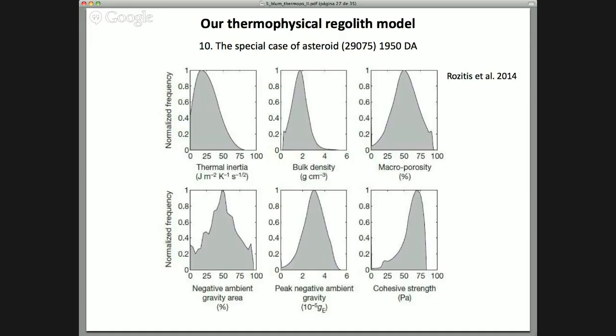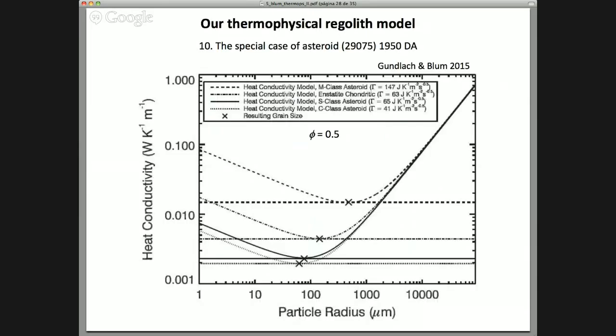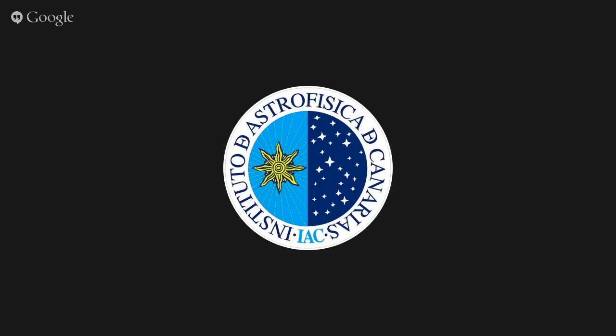Of the range of thermal inertia given, only 2 are allowed. So we're talking about grains on the order of 100 microns. And now for only S class, as a function of the porosity again, so filling factor, sorry, I forgot to write down which is which, but it doesn't matter. You have seen it before. So different filling factors here. We get good matches for all 6 filling factors, and for all in the range of the thermal inertia given.